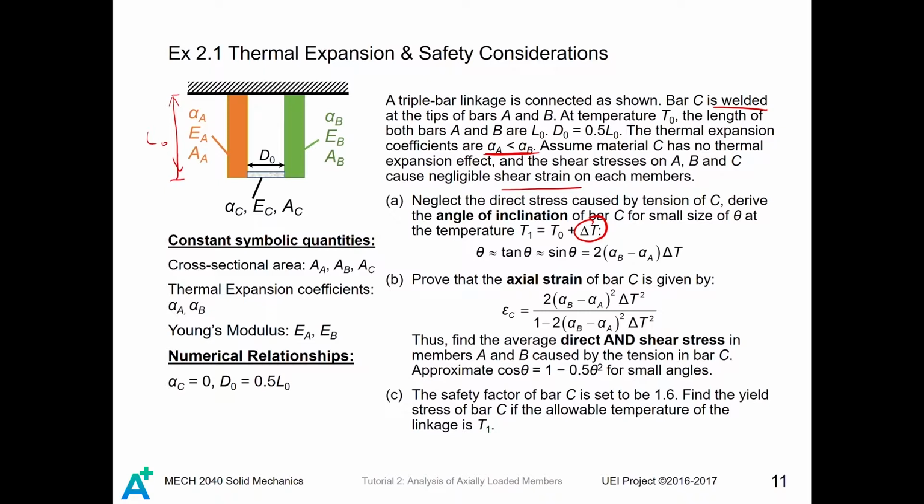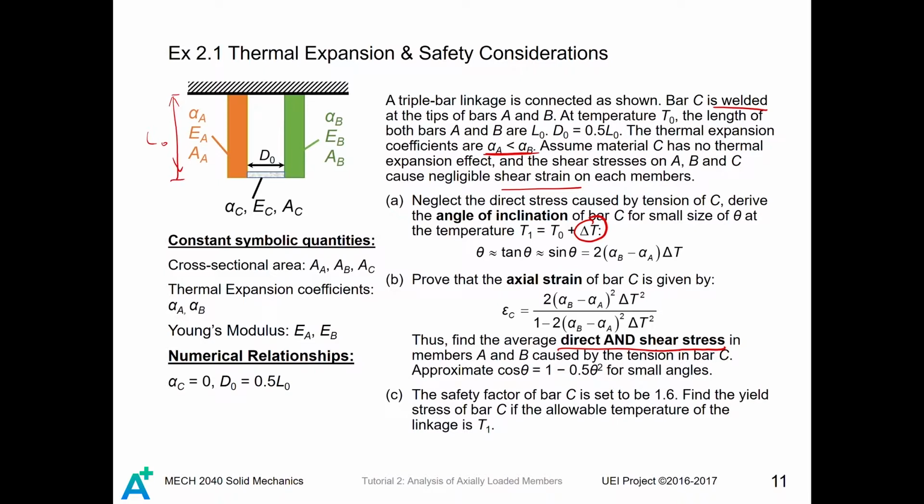And you are going to find the direct and shear stresses in both A and B caused by the tension in bar C. For this case, approximate for small angles using cosine theta equals 1 minus 1/2 theta squared.